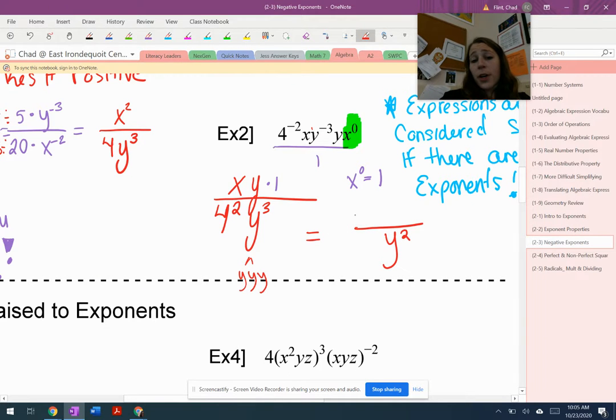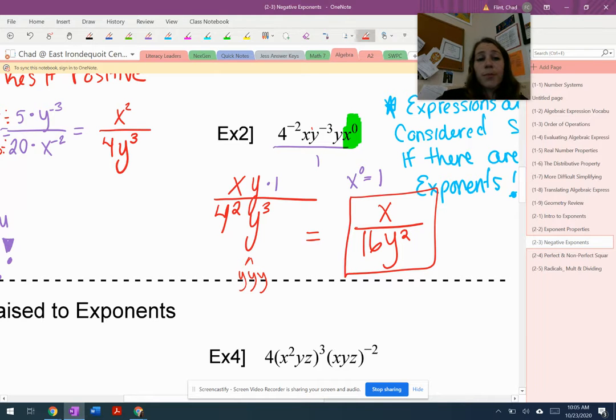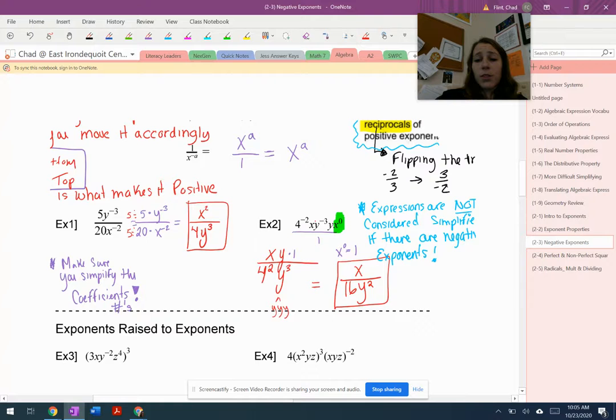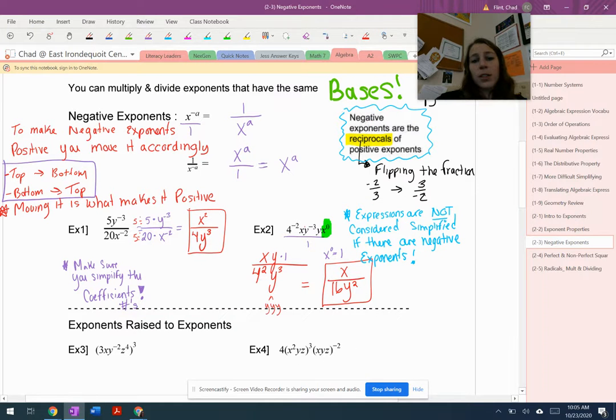And 4 squared I can do to get 16. On the top, remember I canceled my y out, so I'm just left with x. That got a little messy there, those two examples. Not too bad. Okay, good stuff. Moving on.